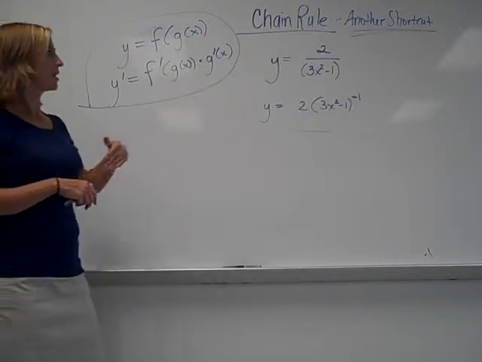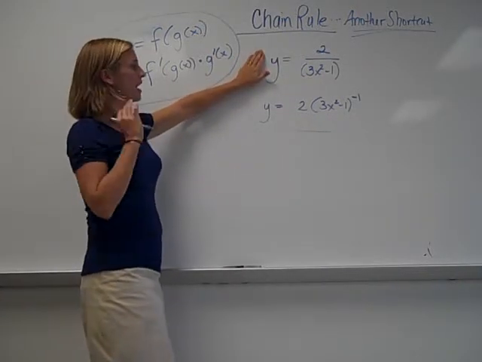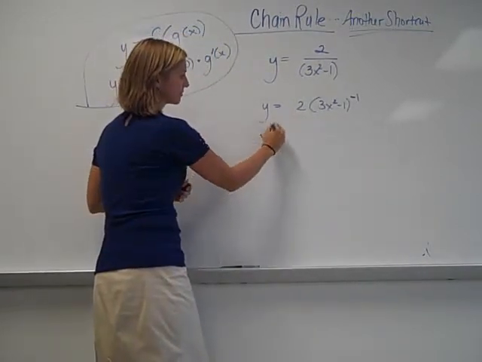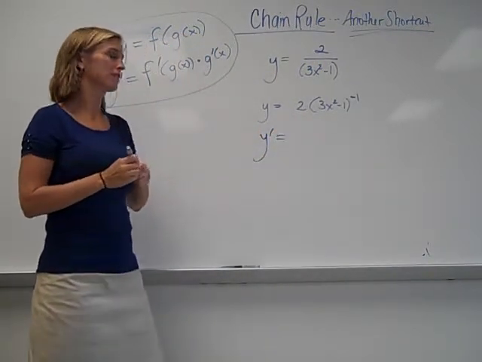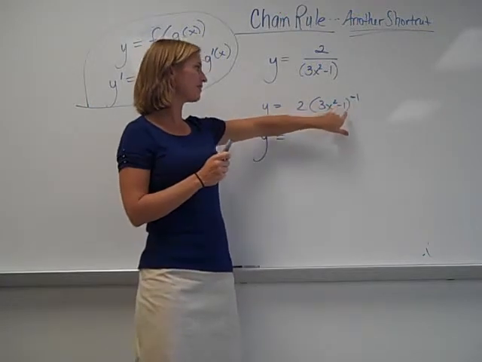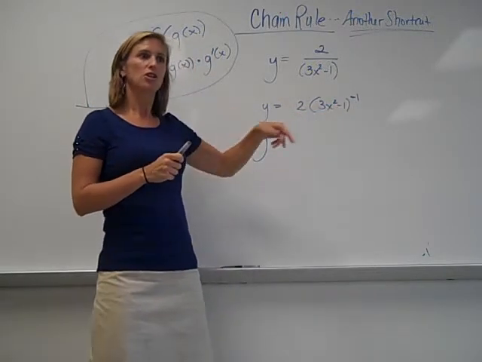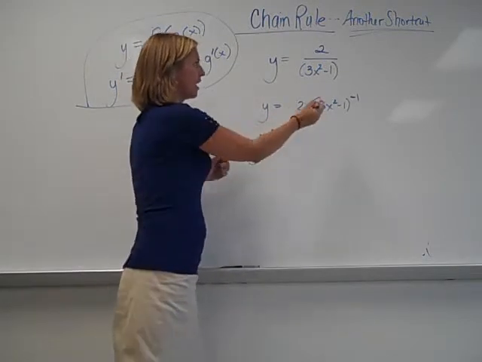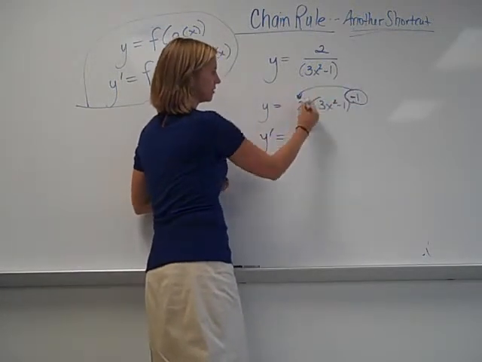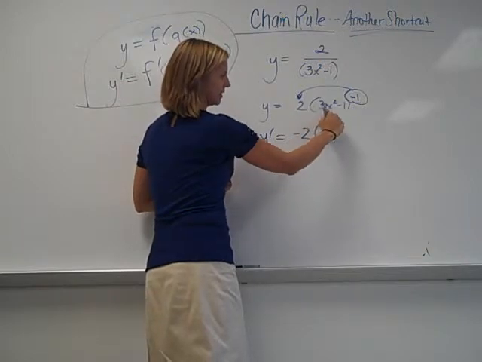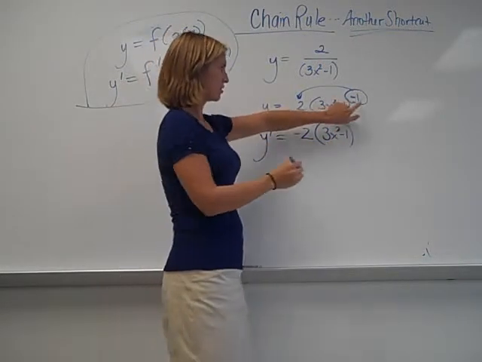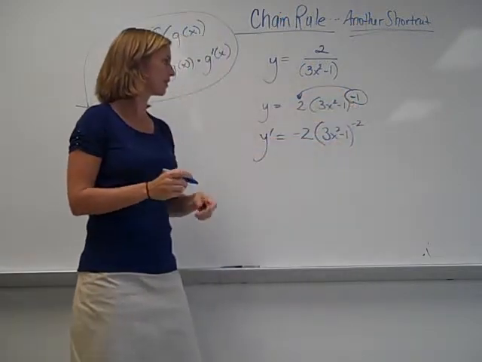If I wanted to bring the bottom up like this, I can. But what I have happening here is a power and the inside. So I actually don't need product rule. For this one, I can use power rule. I can take the negative 1 times the 2, leave this alone, 3x squared minus 1, subtract 1 from the power.